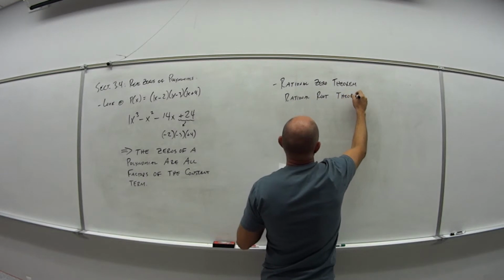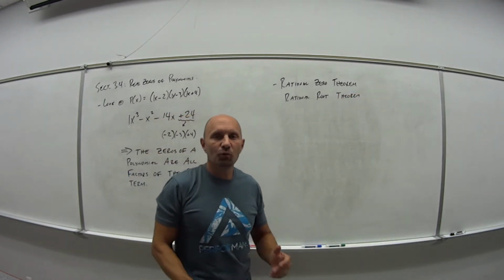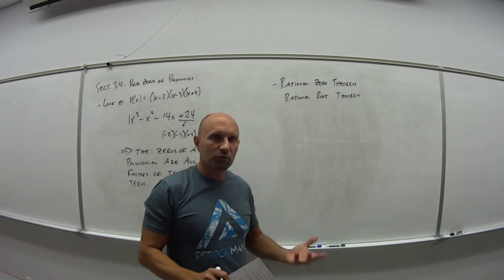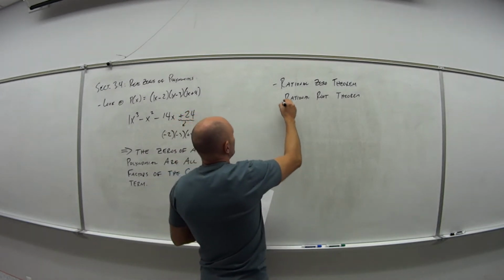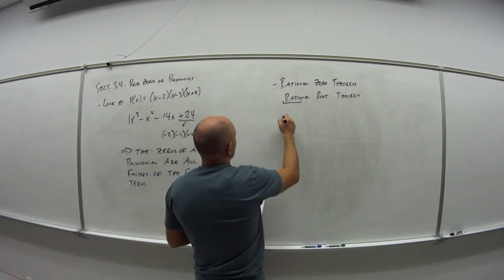Now, rational, remember back to, I think, our very first video, we talked about rational numbers. And when we had talked about the word rational, we knew what? We're looking at ratio. And that says the following.